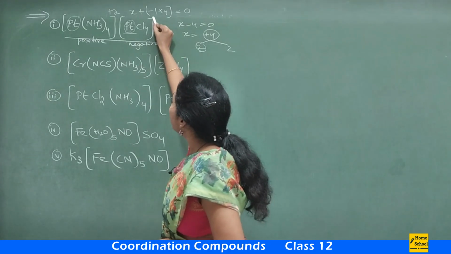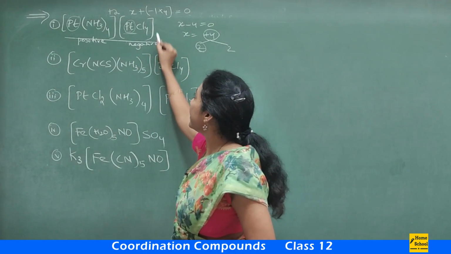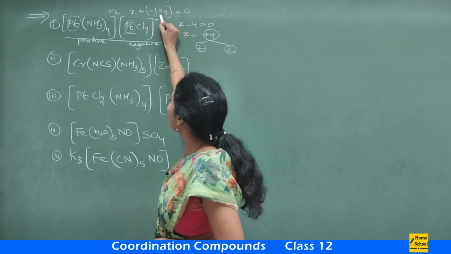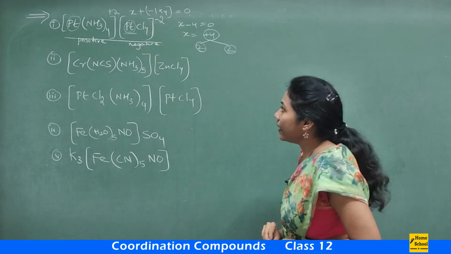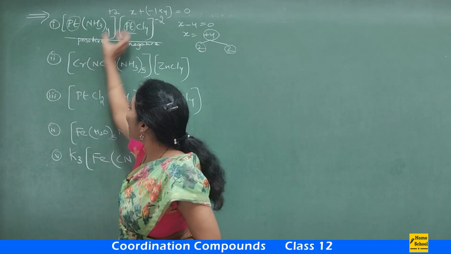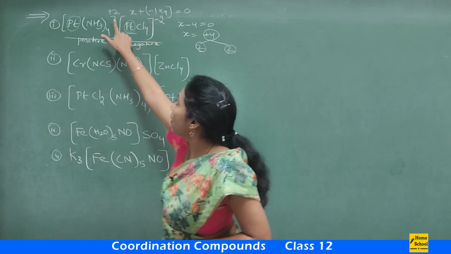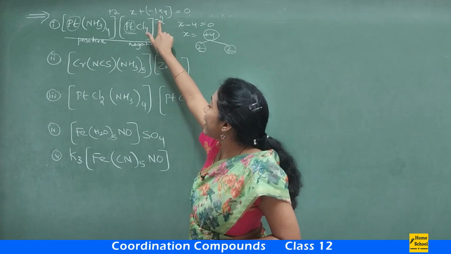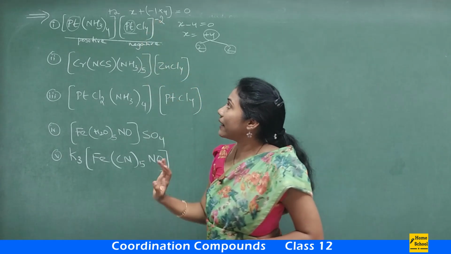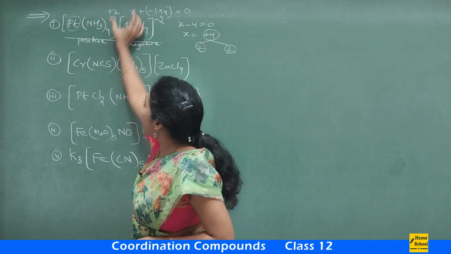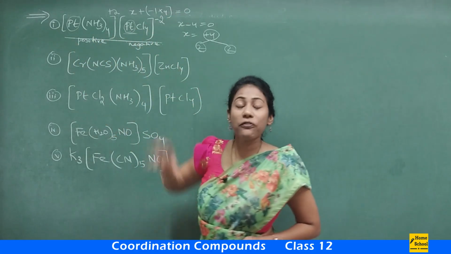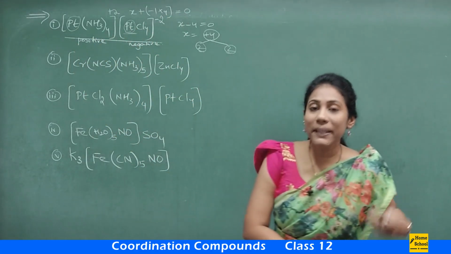In the second part, the negative part, take the same digit, the other 2, but with a negative sign. Since this is the positive part, we took plus 2 above the bracket, and since this is the negative part, we took -2 above the bracket. That is the charge of the positive part, and -2 is the charge of the negative part.